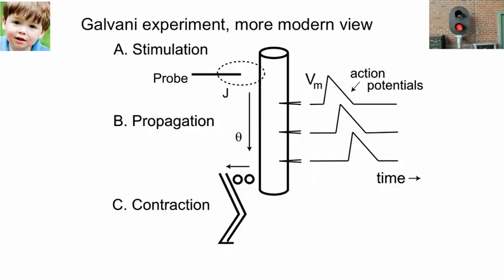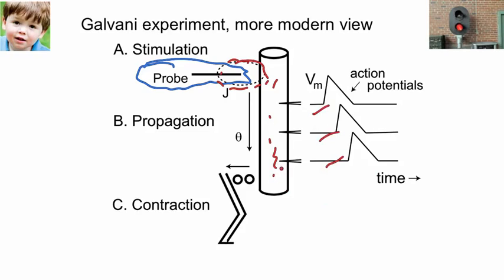If we think about that experiment performed by Galvani in a more modern context, we'd say what happened was Galvani had a probe, and with his probe, he did field stimulation. That is, his probe established an electrical field here, and his probe was out in the field, away from the nerve. It nonetheless stimulated a nerve. The nerve propagated a series of action potentials here, here, here.